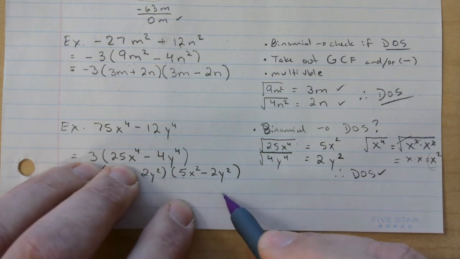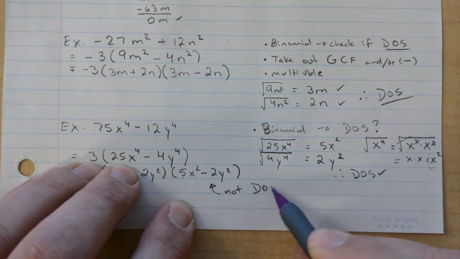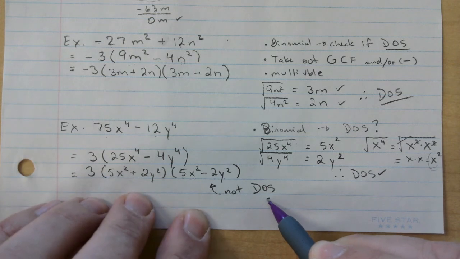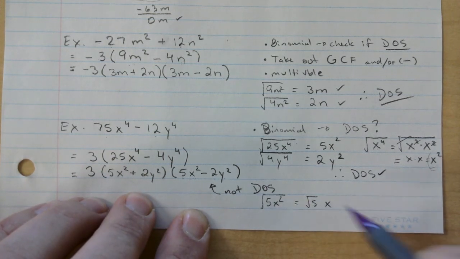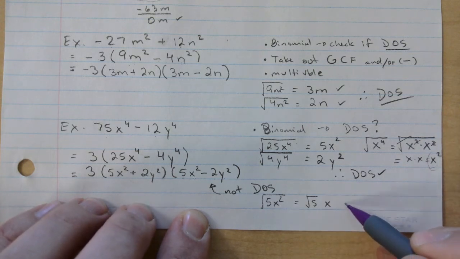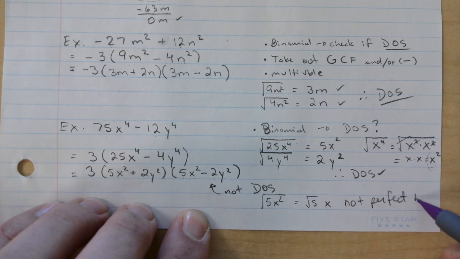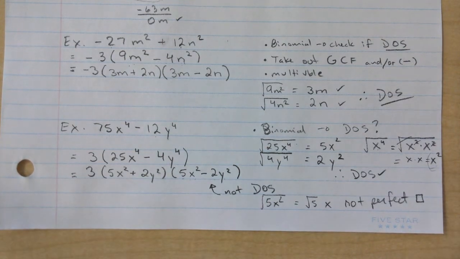So this is not a DOS, because 5x squared would be square root of 5x, not a perfect square. And I will give an example where that could happen, okay?